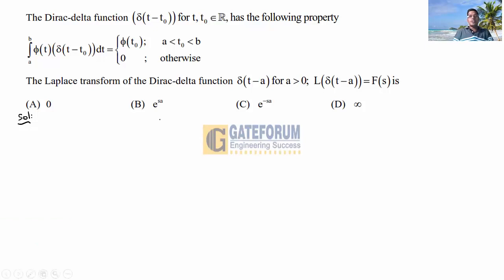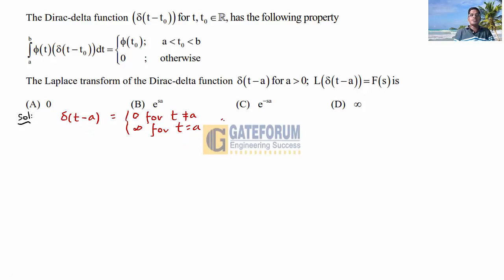We know that generally the Dirac delta function, also called the impulse function, is equal to 0 for t not equal to a, and infinity for t equal to a. Here a is nothing but t naught. You can compare like that.